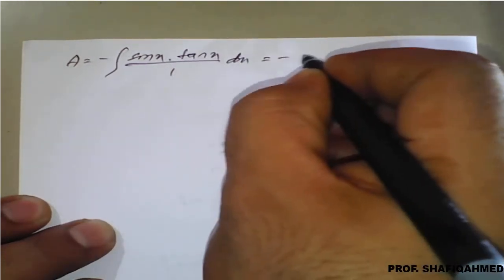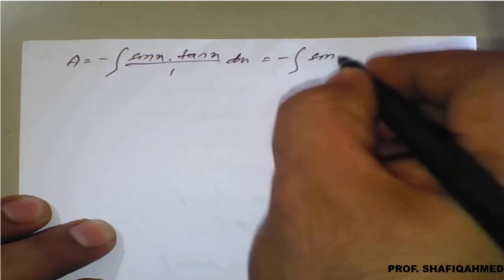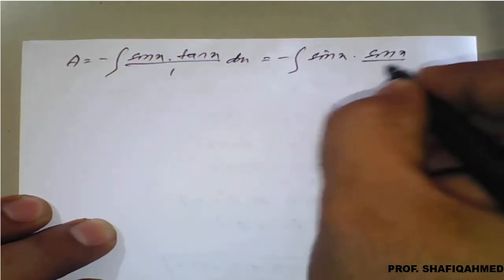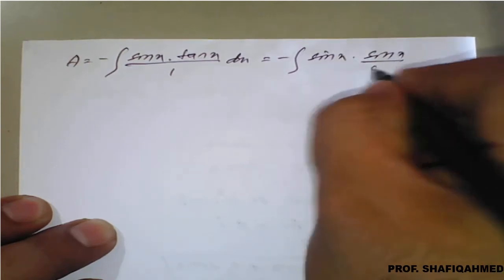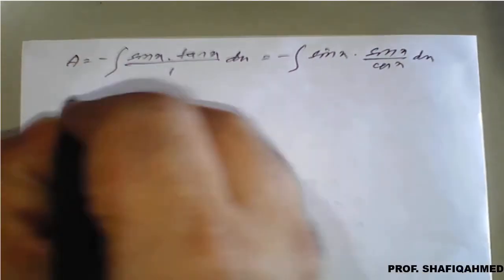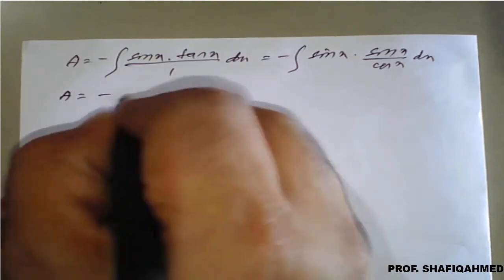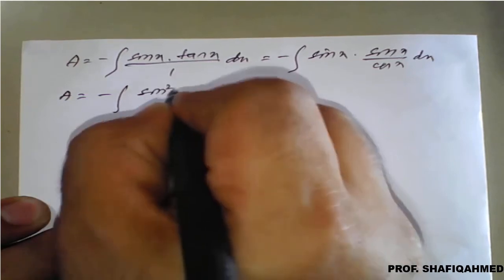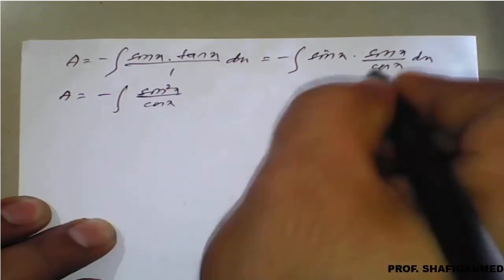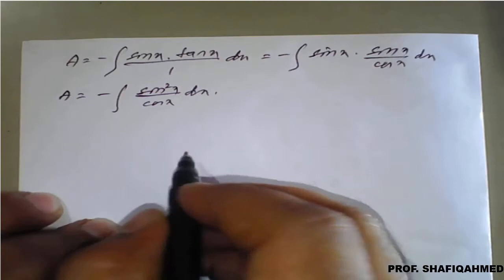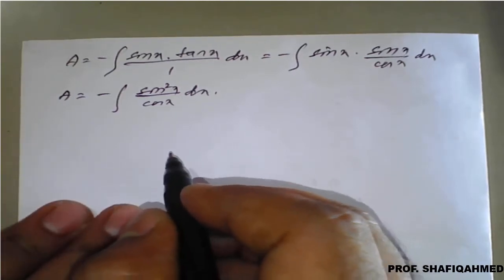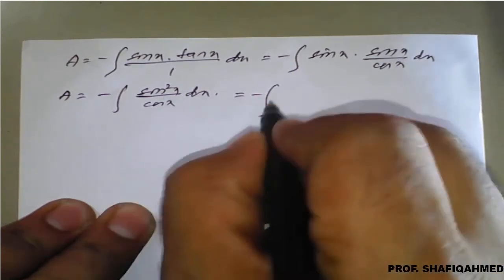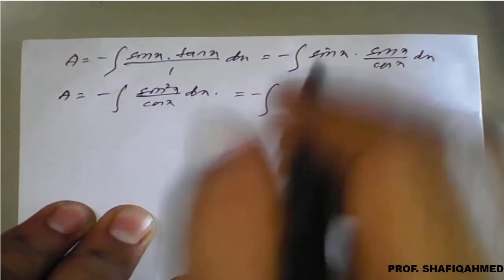So y2 is sin x into phi of x is tan x, and W value is 1 into dx, which is minus integration of sin x into tan x, which can be written as sin x divided by cos x, into dx. So A is minus integration of sin x into sin x, which is sin square x upon cos x, into dx. So what is sin square x as per the identity? I have not integrated yet, so we'll simplify.